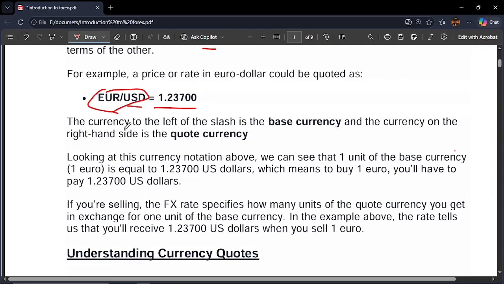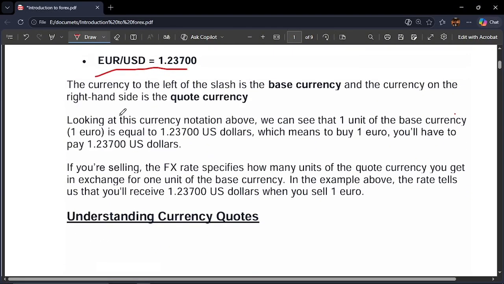So looking at this currency notation, we can see that 1 unit of the base currency, which is the euro, 1 unit of euro is equal to 1.23700 US dollars, which means to buy 1 euro, someone must be having 1.23700 dollars to get that.